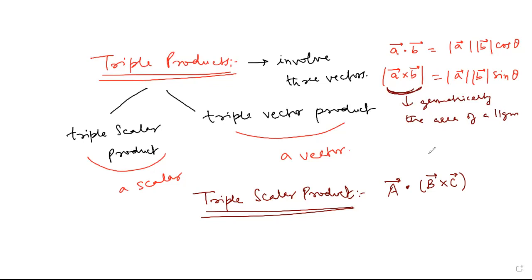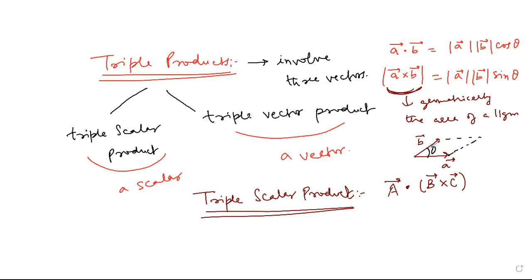For example, if this is my A vector, this is my B vector, and I complete the parallelogram like this, and the angle between A and B is my theta.